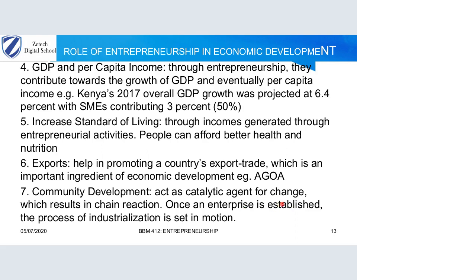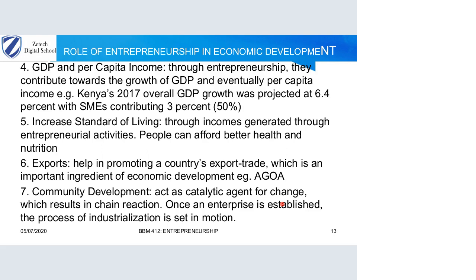A country can be involved in exports, and this comes from entrepreneurs. You've heard about AGOA, the African Growth Opportunity Act, which gave Kenyans and other countries the opportunity for entrepreneurs to export their products to America, some of them duty-free, opening doors for trade. This is exports, and entrepreneurs play a key role here.